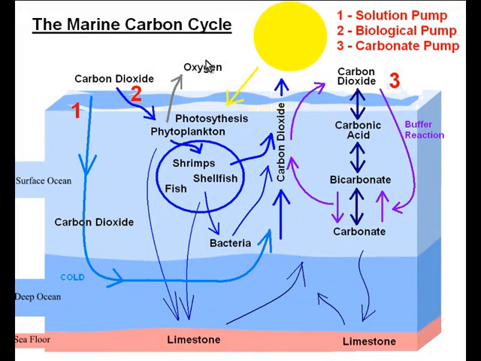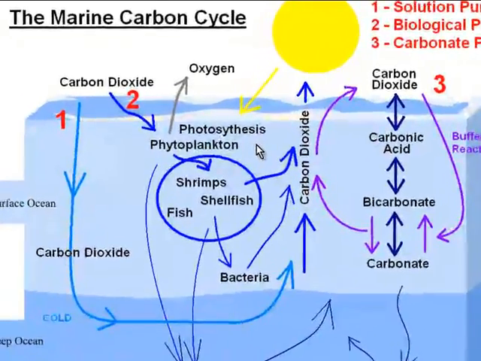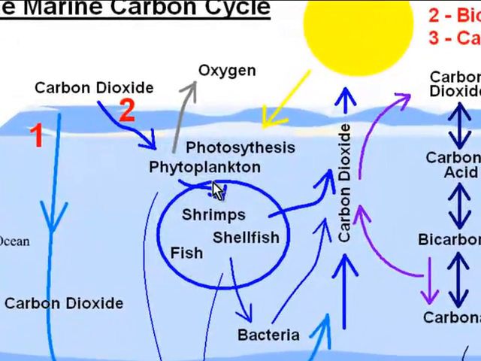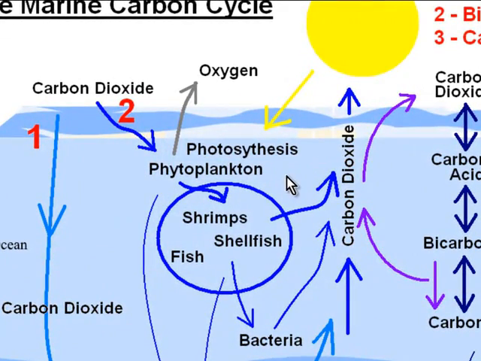Okay, let's move on to the second marine carbon cycle, which is called the biological pump. The biological pump is very similar to the land-based carbon cycle between the biosphere and the atmosphere. But instead of leaves doing the photosynthesis, phytoplankton and algae do the photosynthesis.